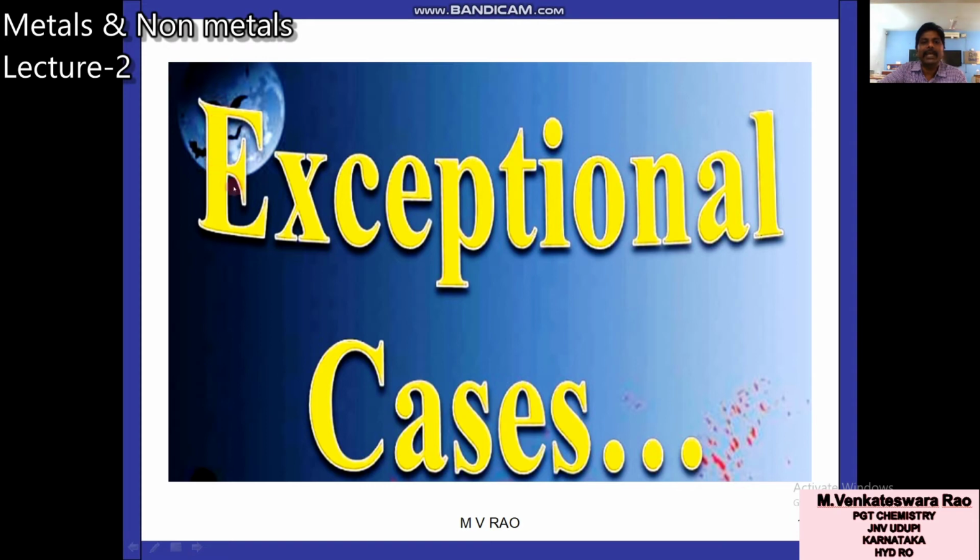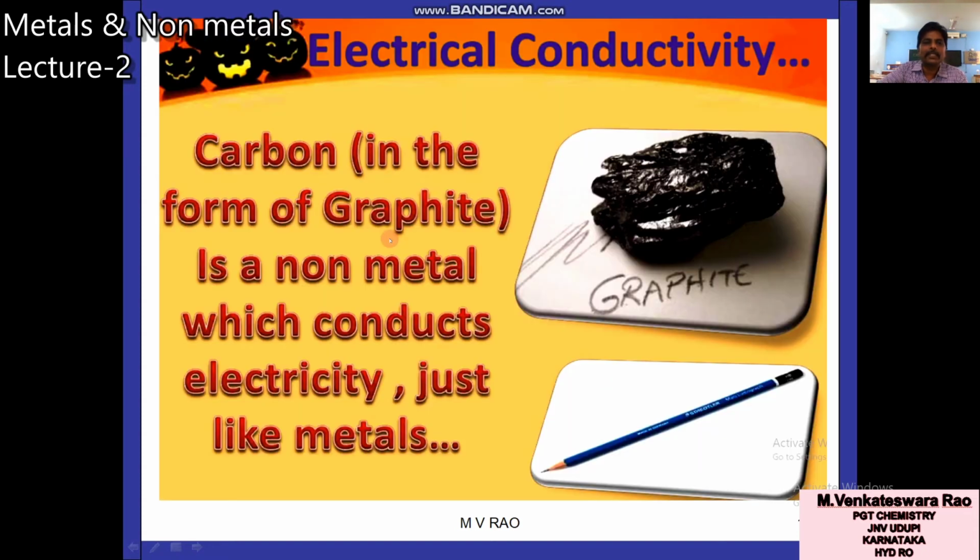There are some exceptional cases in the physical properties of metals and non-metals. First of all, we will see electrical conductivity. What you learned is that non-metals are bad conductors, or non-conductors, of heat and electricity. But you take carbon. Carbon exhibits allotropy.